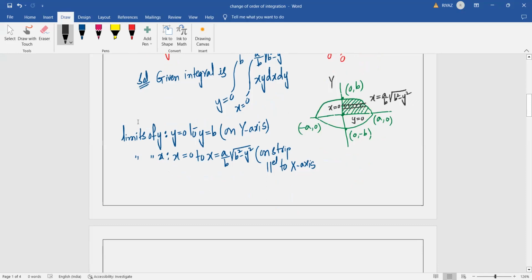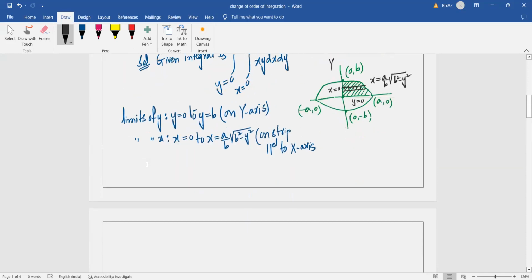Change of order of integration means we have to change its direction. It means the limits we have to change, and the strip direction we have to change. Always we have to move the strip in a clockwise direction, not anti-clockwise. It should be clockwise.